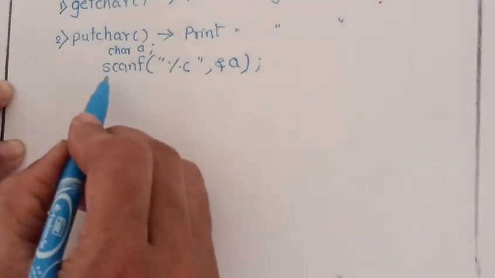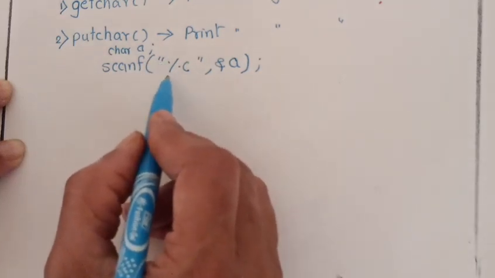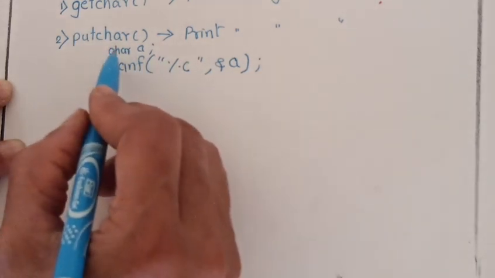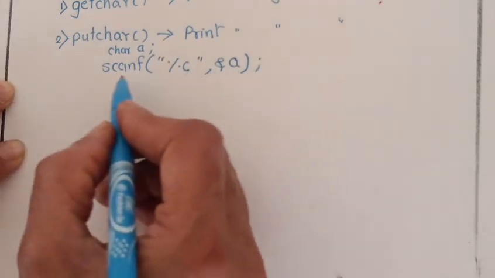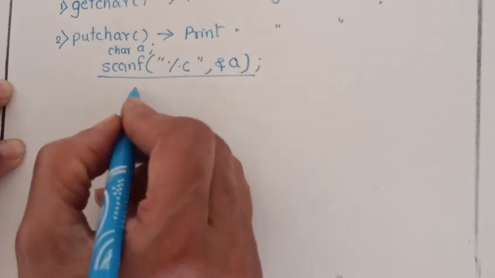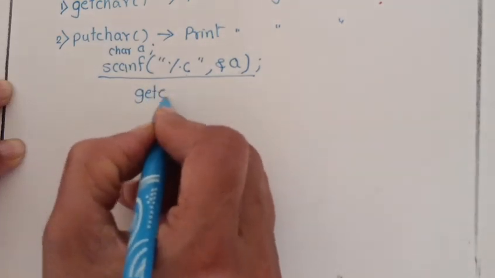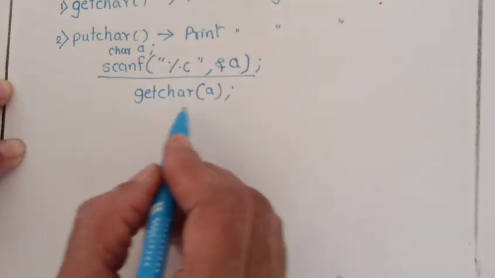To read a variable a, you use scanf, and in the brackets you write a format specifier, %c for a character, and the address of a. Instead of this line, in the unformatted function you use only getchar, and in brackets a. Similarly, to print the value with printf you write %c and the variable.